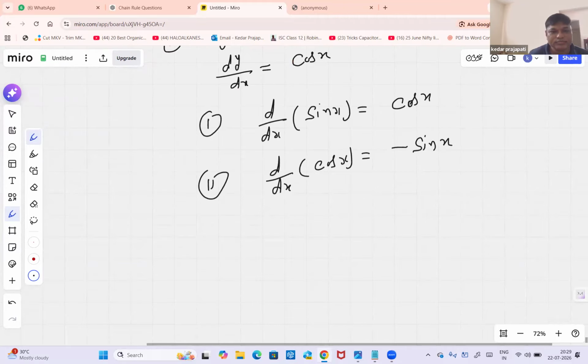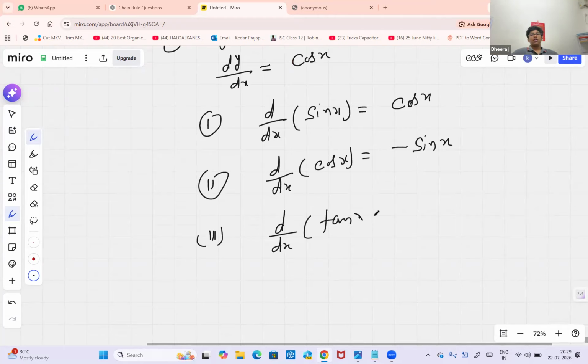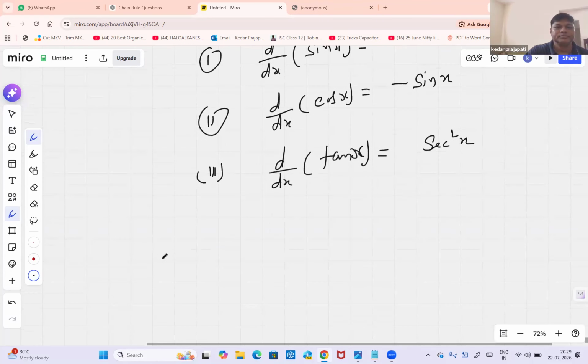Third one, d by dx of tan x is secant square x.